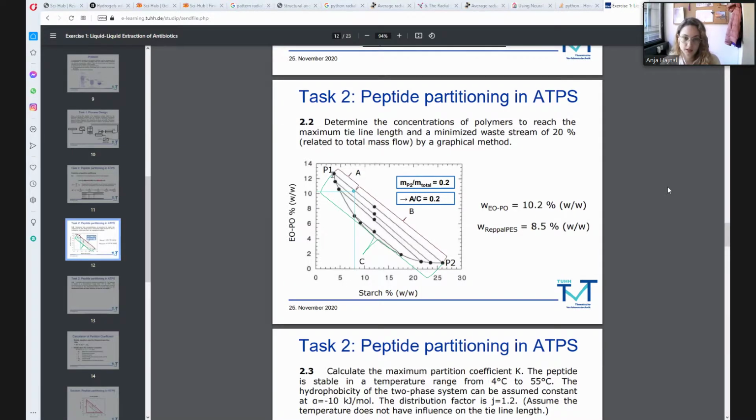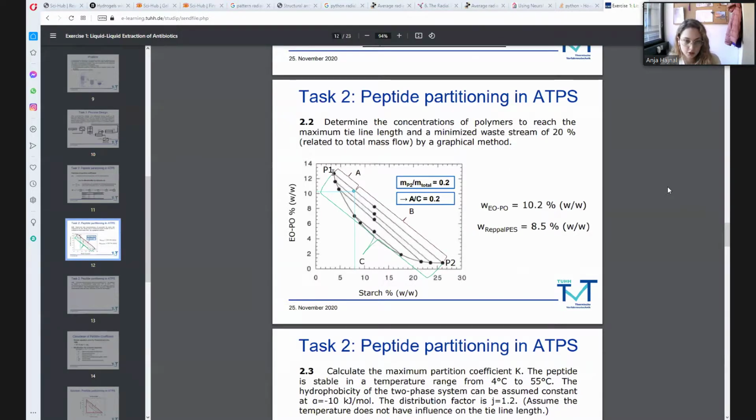So EOPO is in the top phase, and this is the EOPO-rich phase. But in this phase, we also have our extract, some water, and some starch.